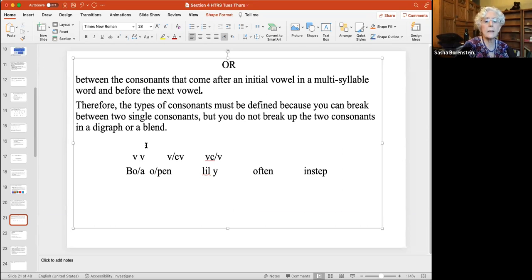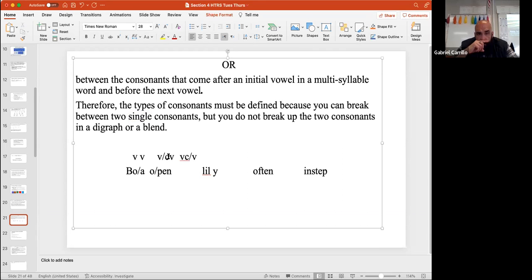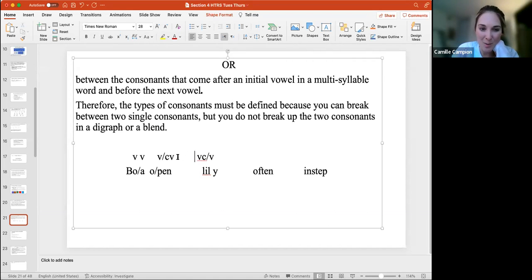An upside down e is the diacritical mark for a schwa. So I would put that upside down e above the a to show that it's a syllable that's collapsed into a schwa. Tasha, you just reminded me what that means, the collapse into a schwa.